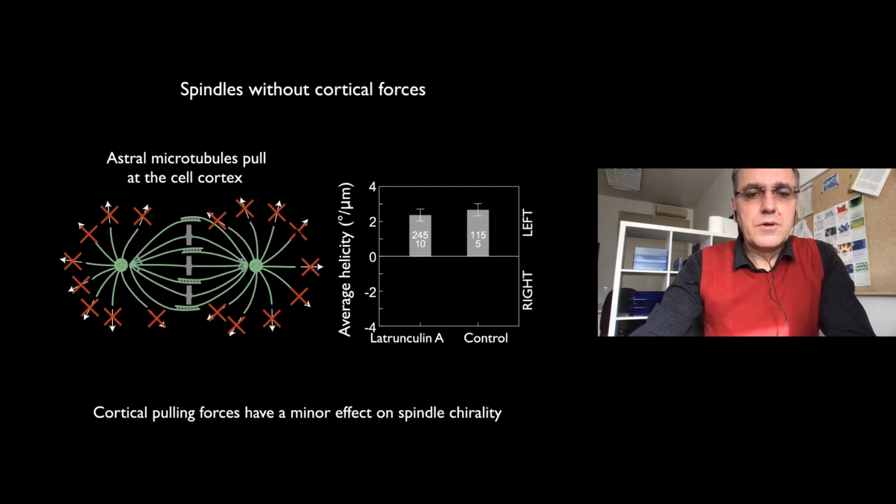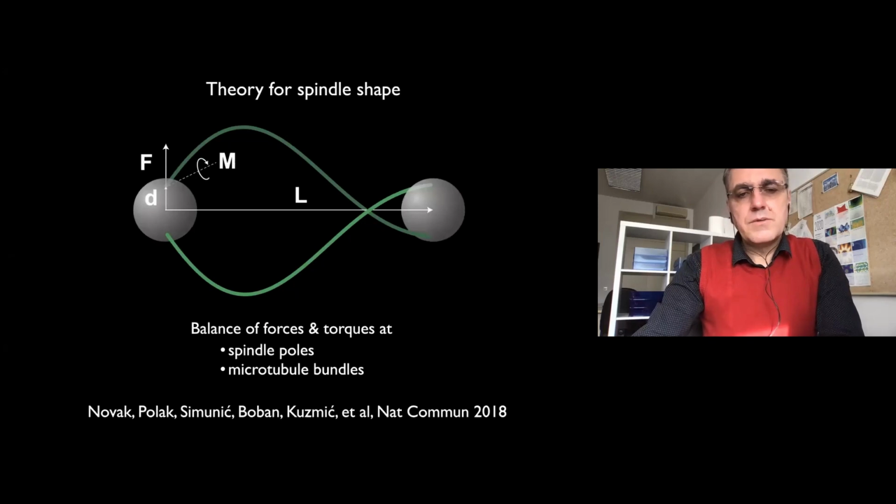Though there are no forces coming from the cortex side, this spindle still has this twisted shape, meaning we still have helicity, or twist, in these spindles.